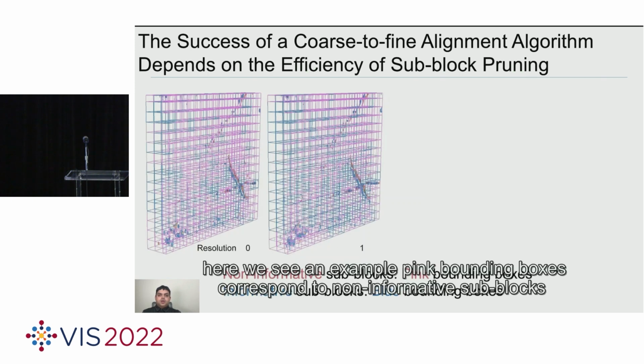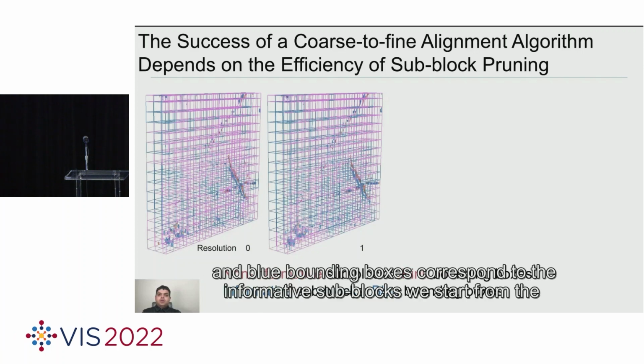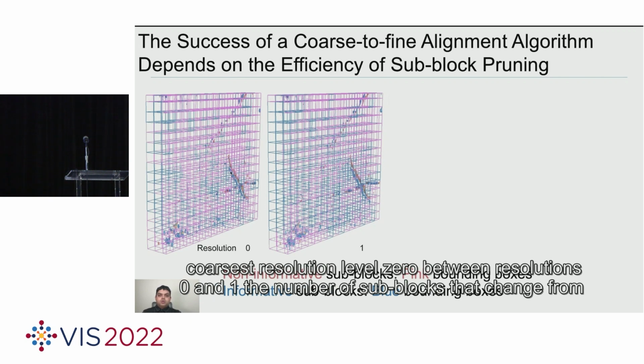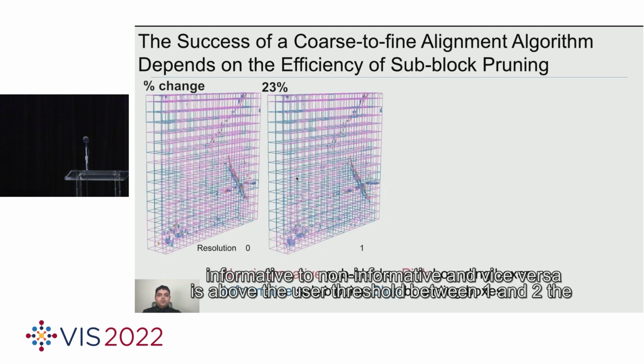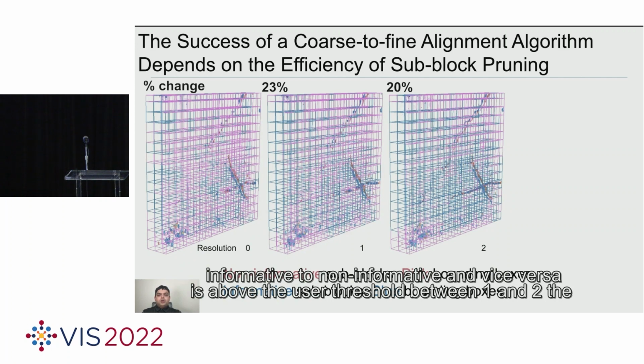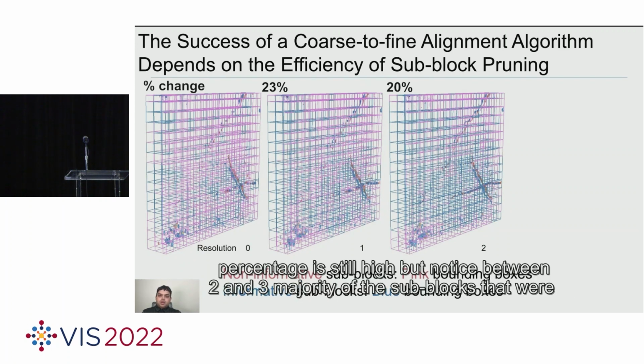Here we see an example. Pink bounding boxes correspond to non-informative subblocks, and blue bounding boxes correspond to the informative subblocks. We start from the coarsest resolution level 0. Between resolution 0 and 1, the number of subblocks that change from informative to non-informative and vice versa is above the user threshold. Between 1 and 2, the percentage is still high.